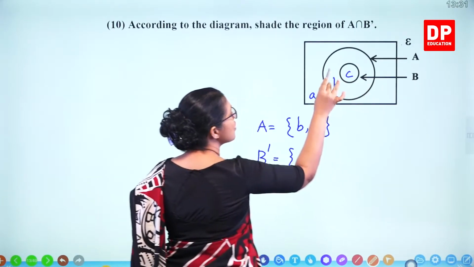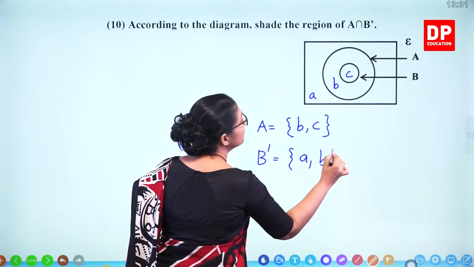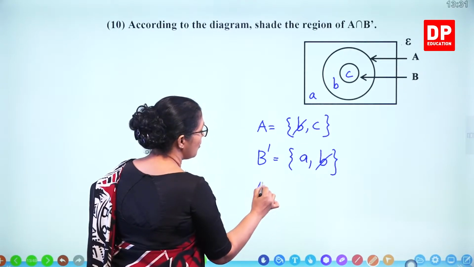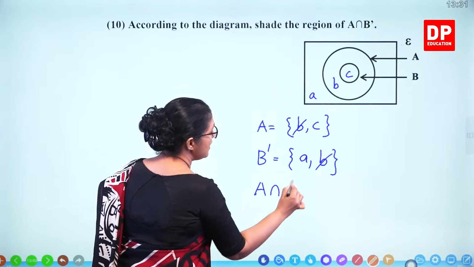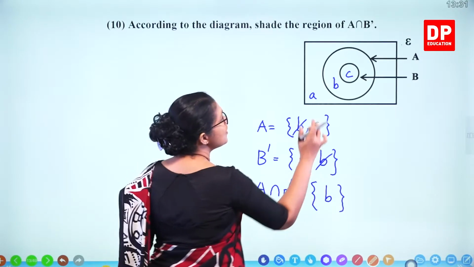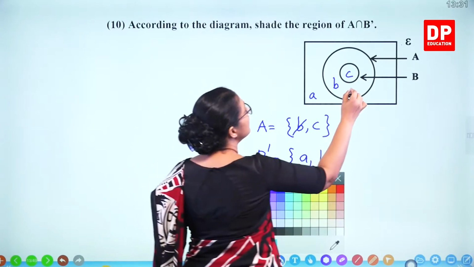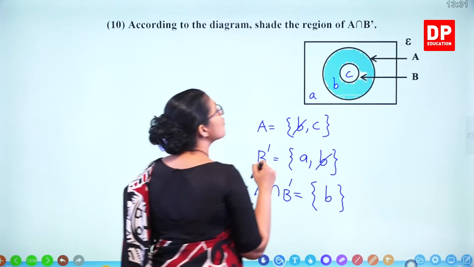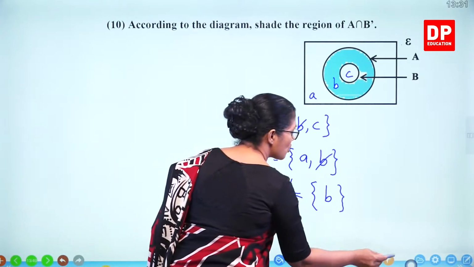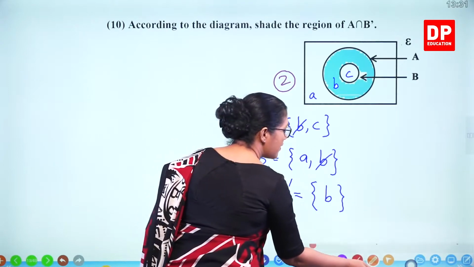B dash means outside B, A and C. So what's common for both? C is common. So A intersection B dash is the common part. So which region is that? This part. So you can shade this region. So that's A intersection B dash. So here 2 marks for shading the correct region.